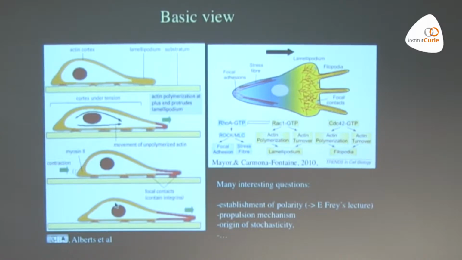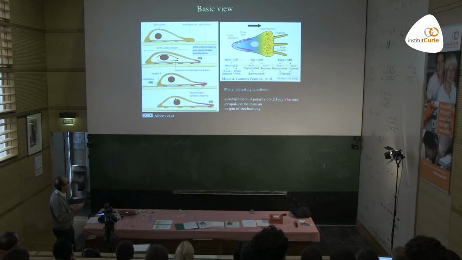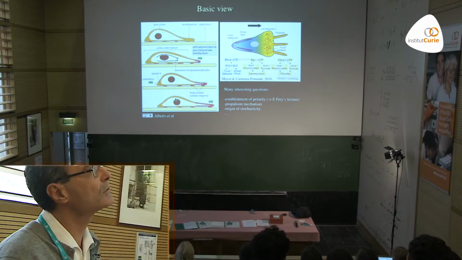So you have some kind of global treadmilling of this network of actin, and this pushes the front onto the medium. And on the back of the cell, you have adhesion, of course, and you have some contraction to pull the cell off. So you have some kind of motor here.